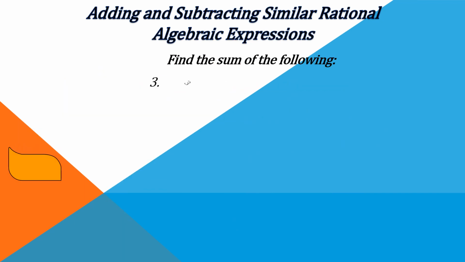Let's go to example number 3. 3 over x squared plus x minus 5 over x plus 1. The first thing to do is collect the numerators, but please bear in mind that we have a different denominator.